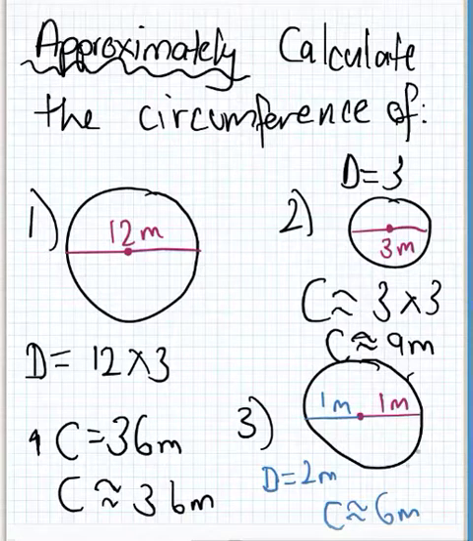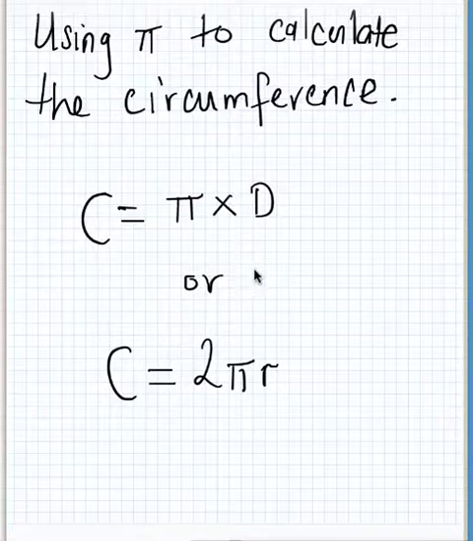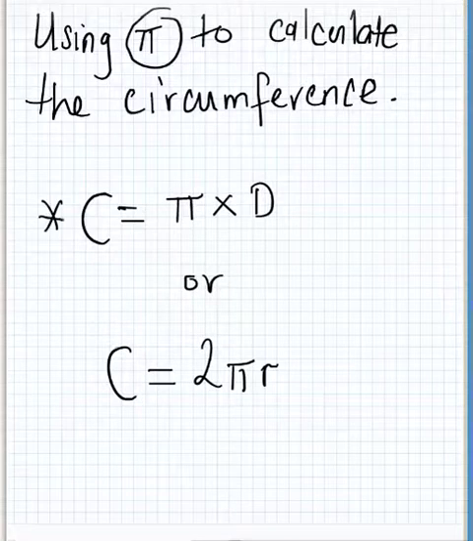Now to calculate it as a more exact answer, this is where we use the pi button on our calculator. And there are some formulas we have to learn. So these are the 2 formulas we can use. You can use one or the other, it doesn't matter. When we have to use pi now to calculate the circumference of a circle. Now you notice with the first one, we have actually used it.